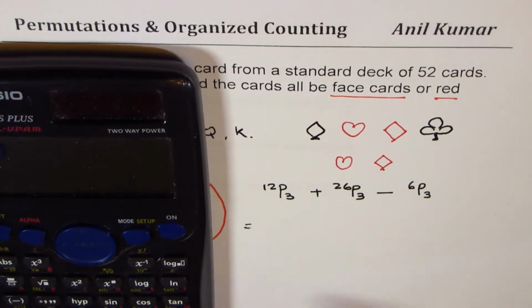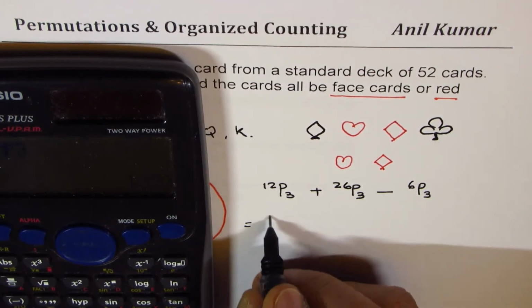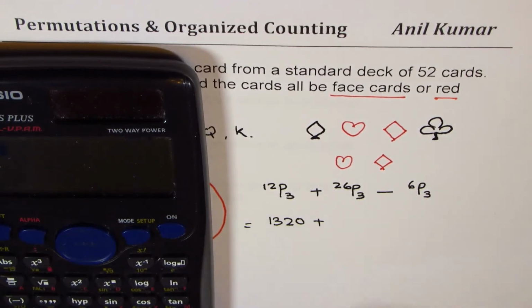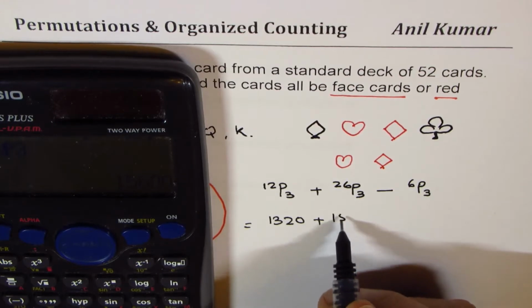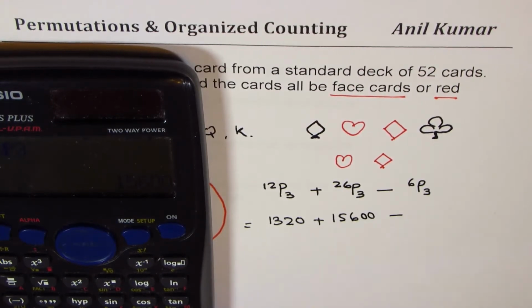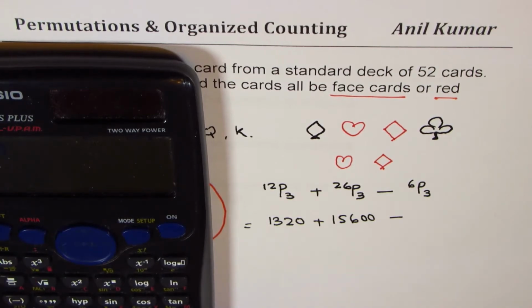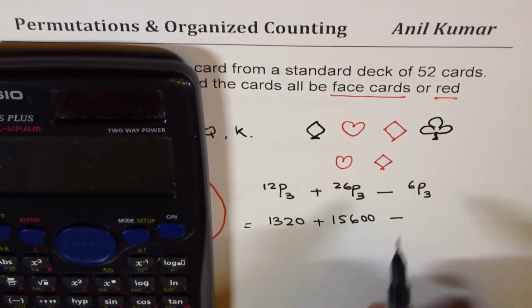So 12P3 is equal to 1320, plus 26P3, which is 15600, take away 6P3, which is 120.